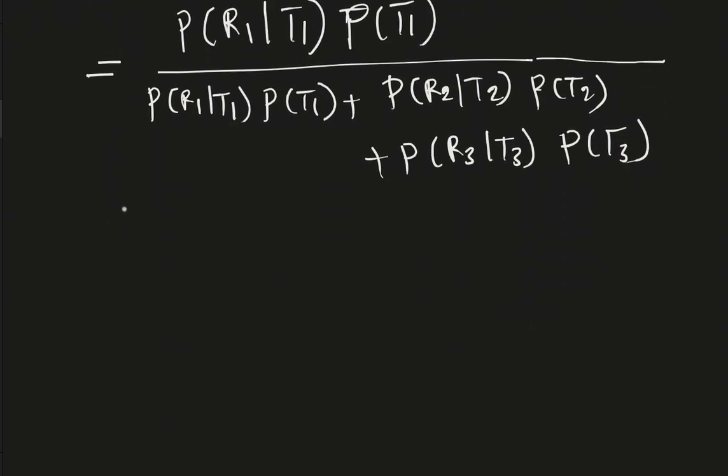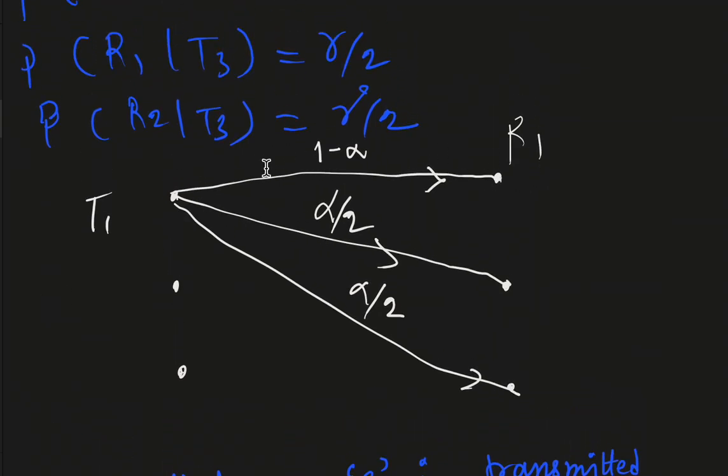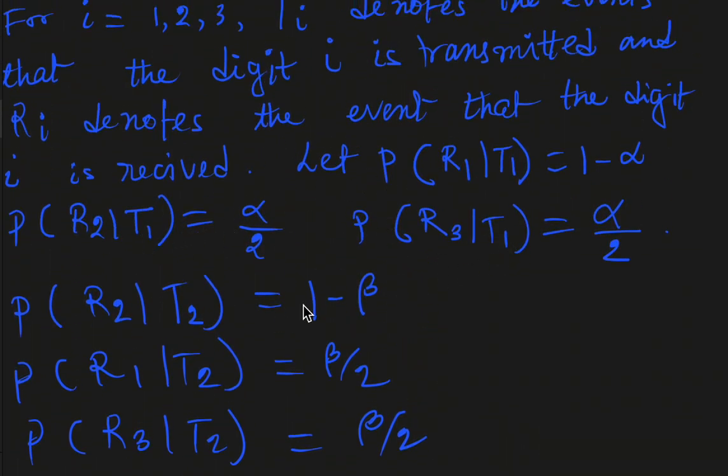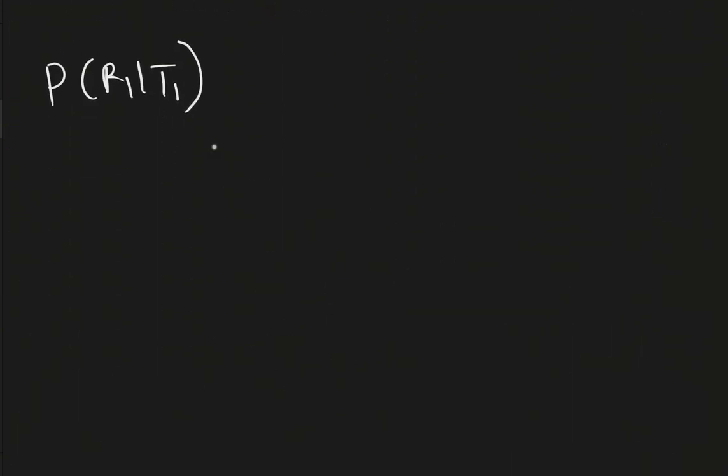And what is P(R1|T1)? If I transmit T1 and get R1, that probability is 1 minus alpha, which is already given. So this is nothing but 1 minus alpha.